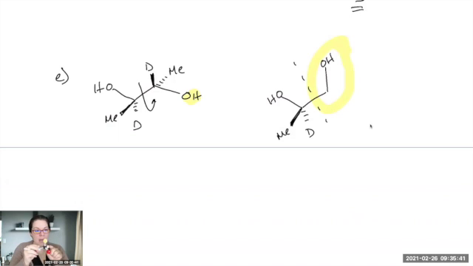That deuterium is now pointing down and away from you, which means it gets the dash. The methyl group, let's make that the red one, was pointing up and away from you. But when we did the 180-degree rotation, it is now pointing down and is wedged.